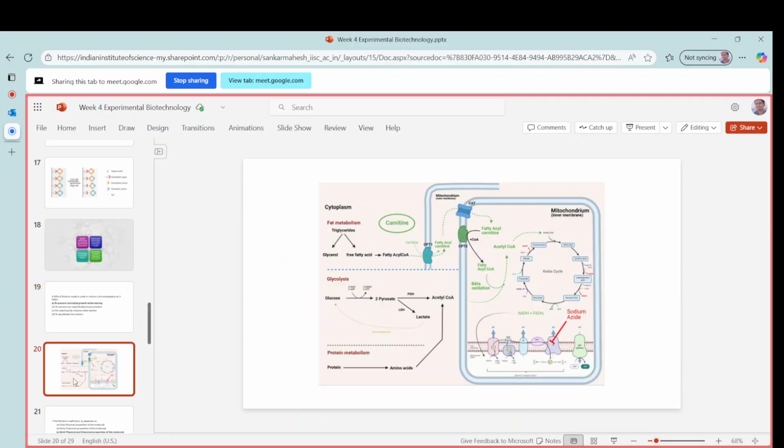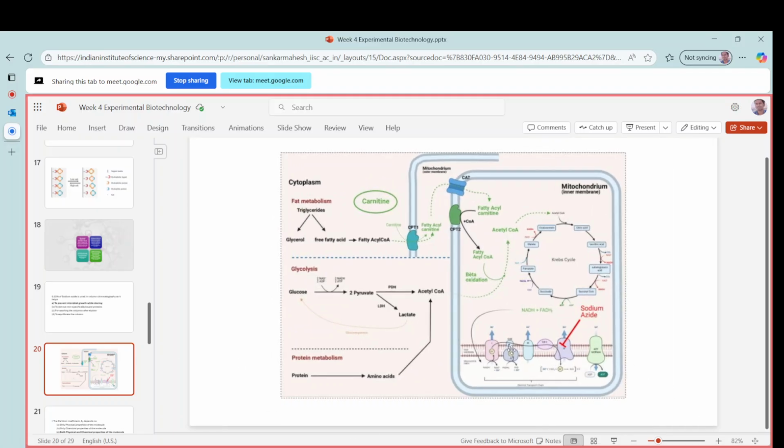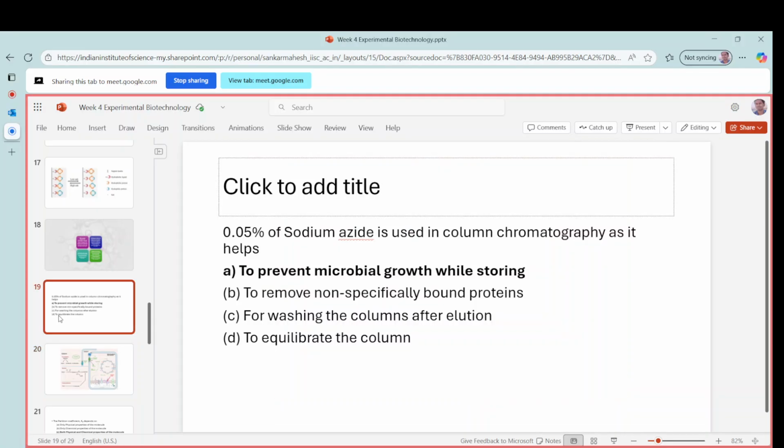Okay, so sodium azide can block this particular part of the transport chain within your mitochondrial membrane. It binds to cytochrome C, which is needed for electron transport, and because electron transport is needed for cells to survive, sodium azide will prevent microbial growth.